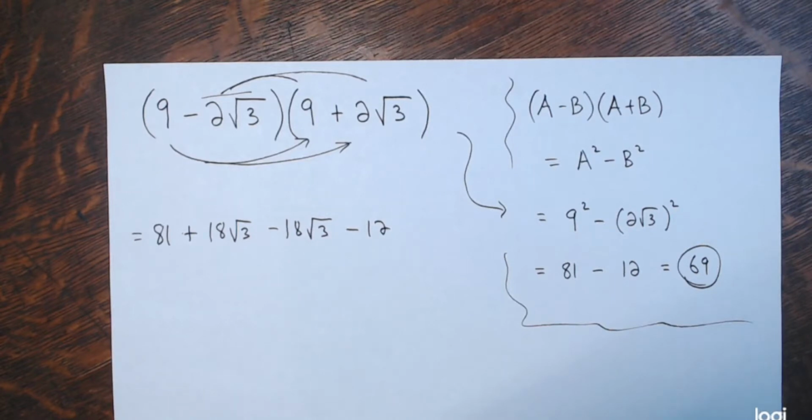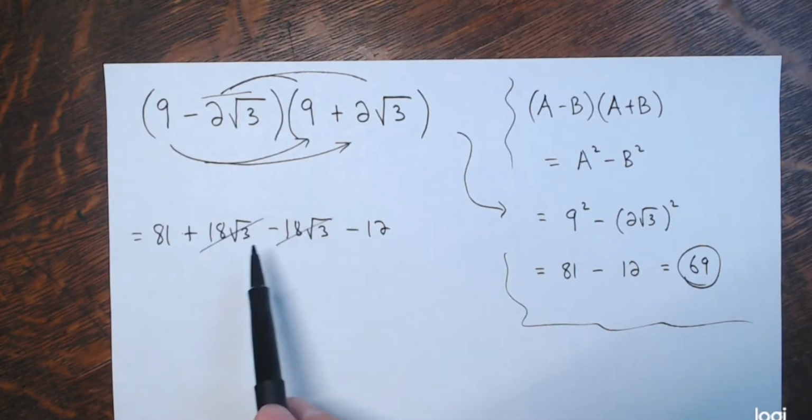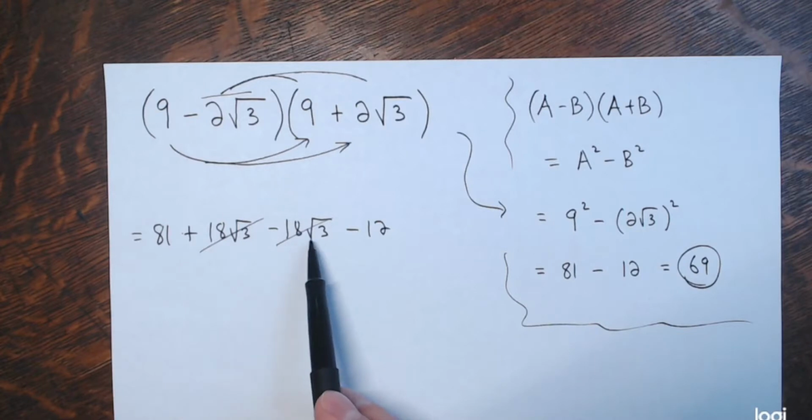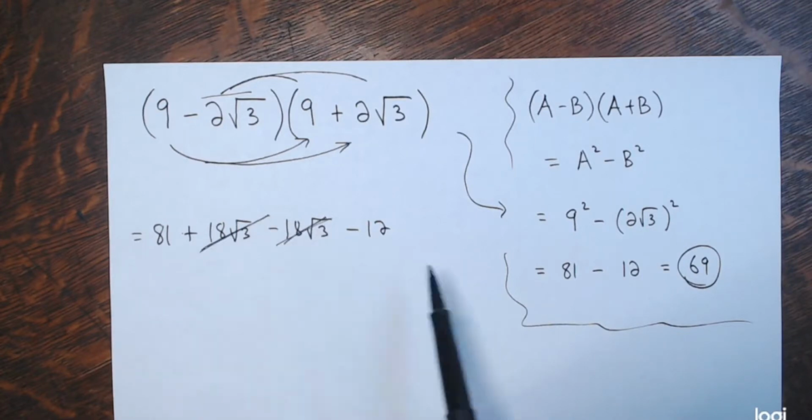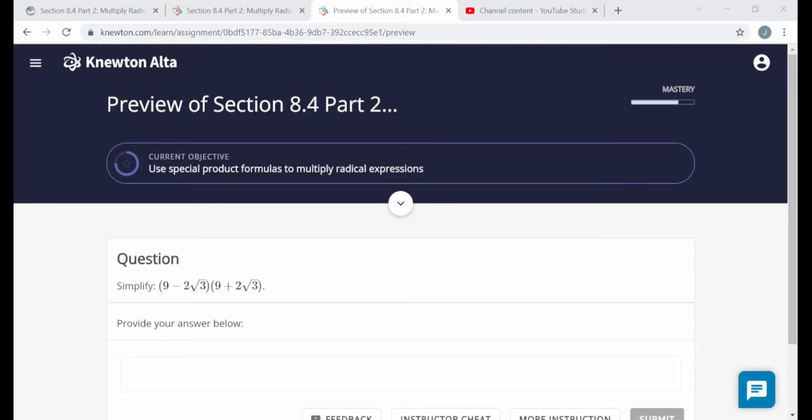And you see how those middle two terms go away? Positive 18 root 3, negative 18 root 3, those go away, and I end up with just 81 minus 12 like I had over here, or 69. So that's it. Very simple. 69 is what we're going to enter.